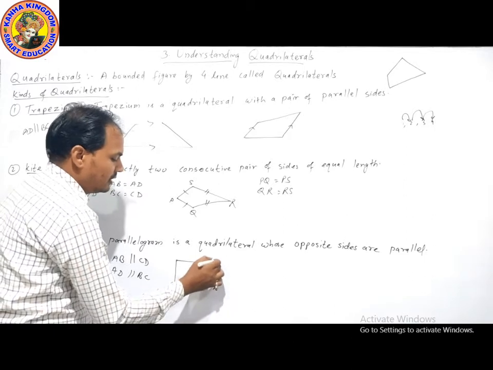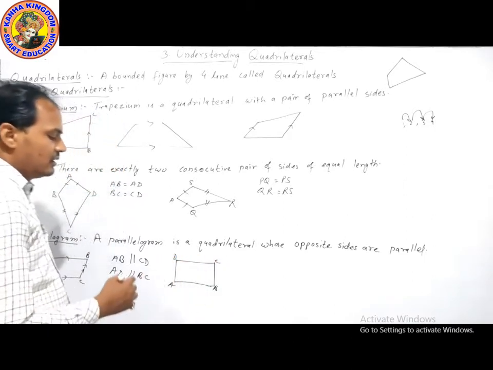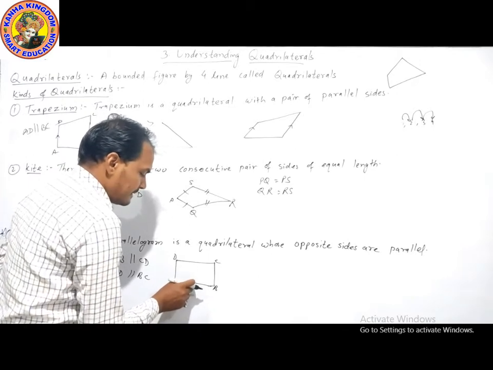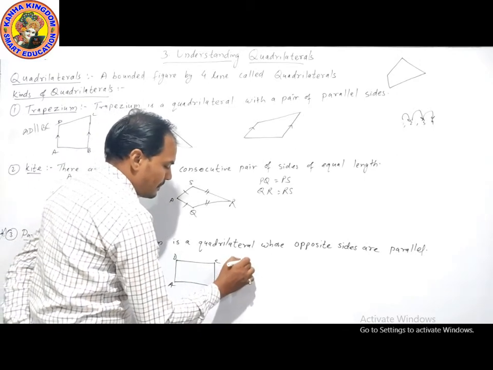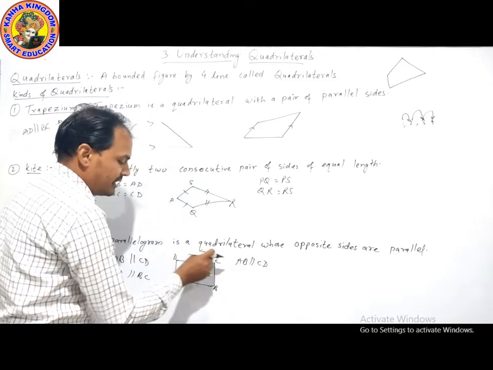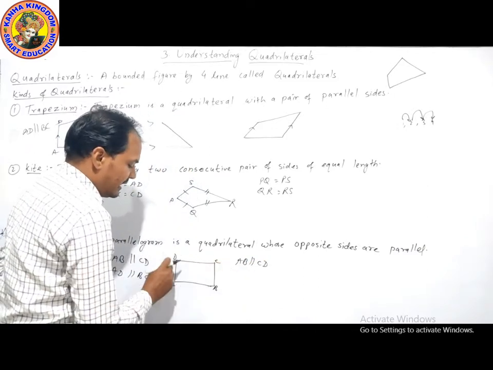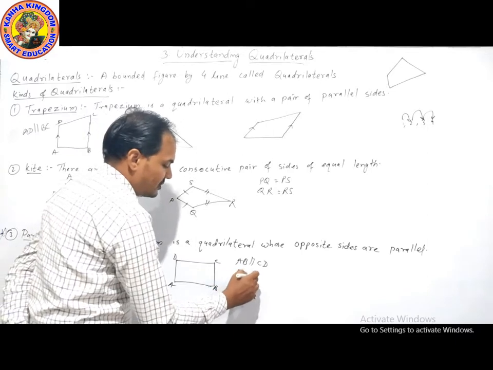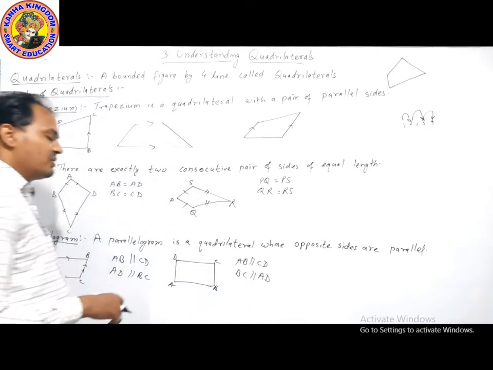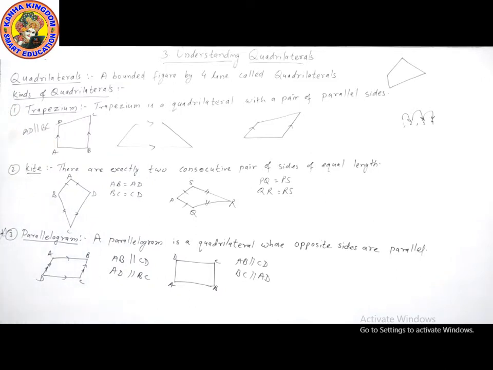A, B, C, D. This is a rectangle. In this rectangle, AB parallel CD, BC parallel AD. This is our parallelogram.